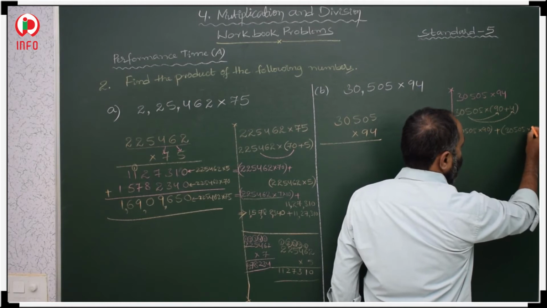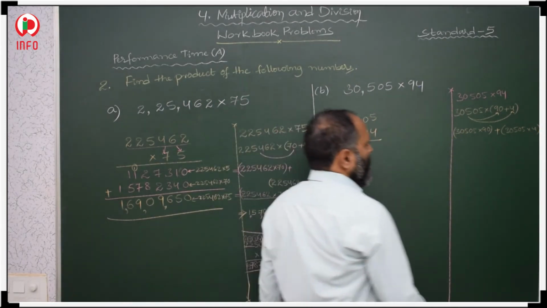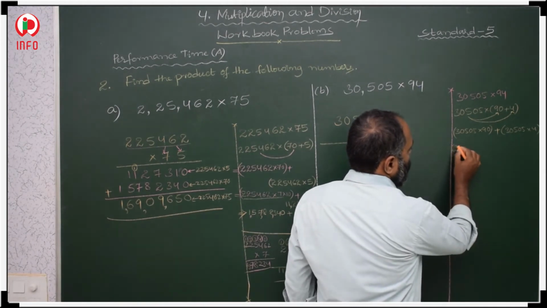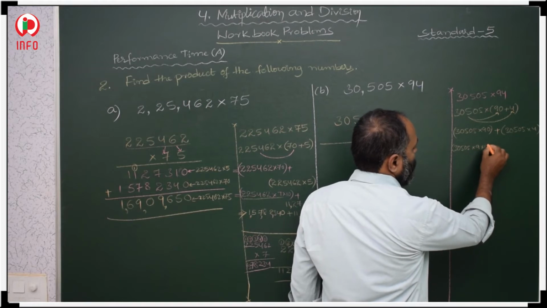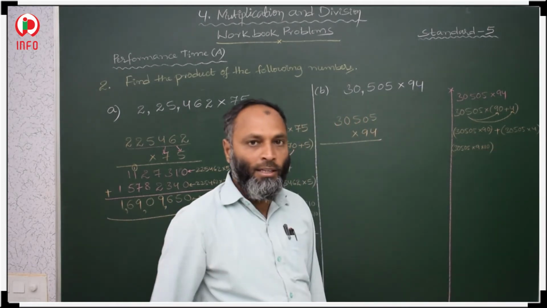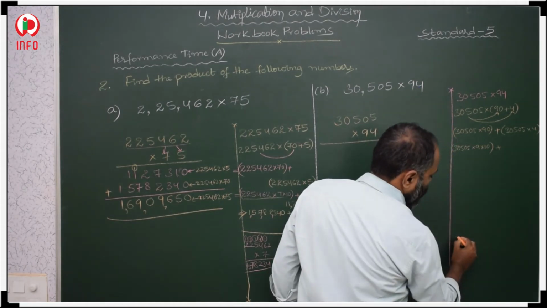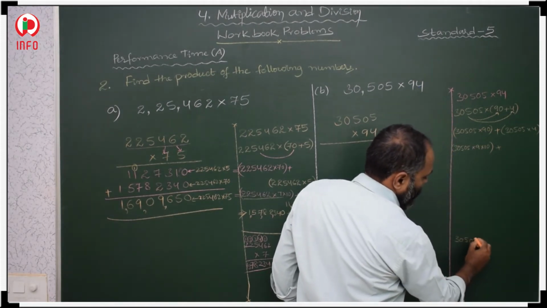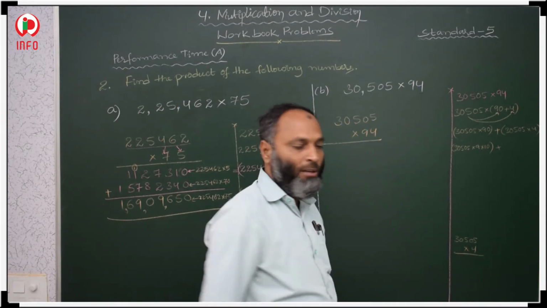Now, 30,505 into 90 means 9 tens are 90, plus 30,505 into 4. 30,505 multiply with 4. Now multiply.